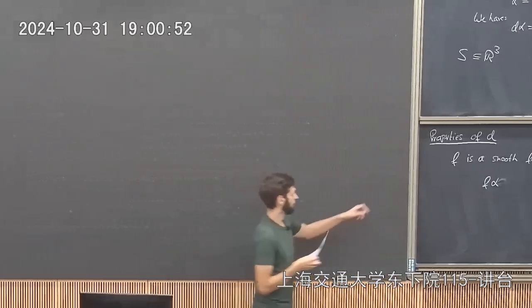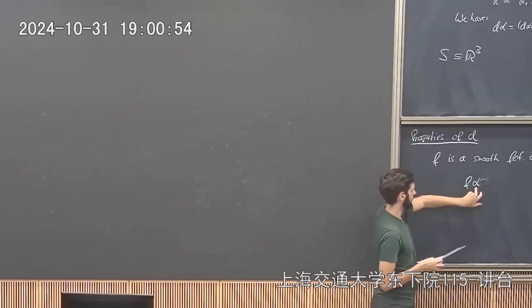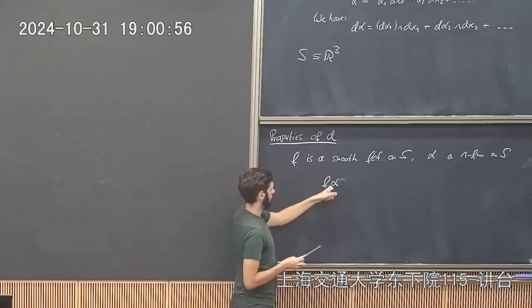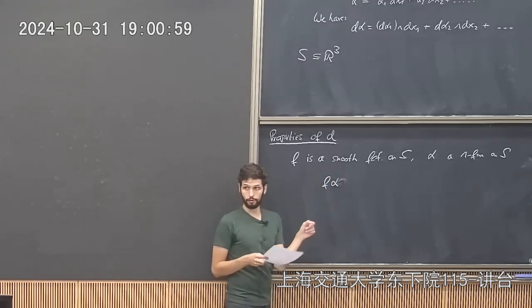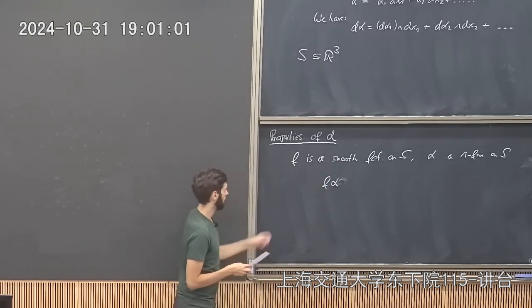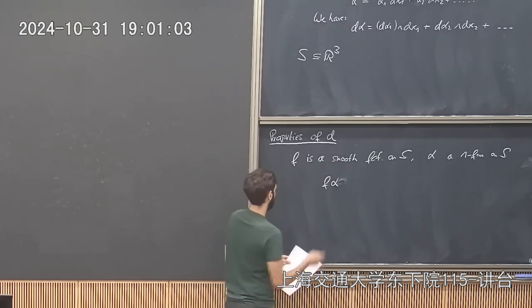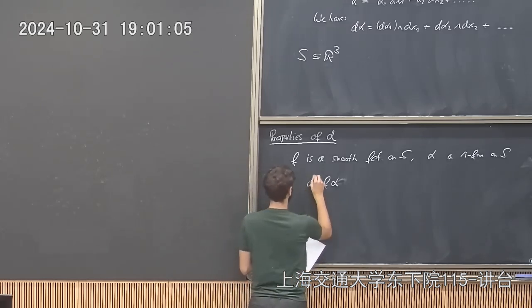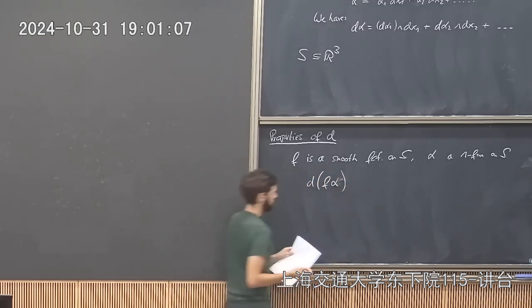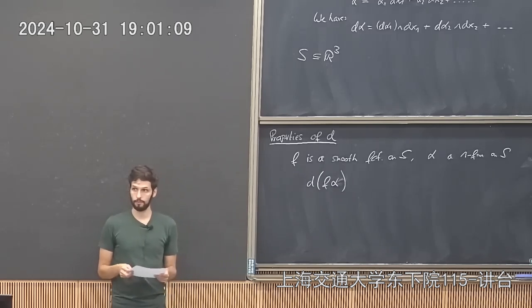If I plug in a vector, I plug it into alpha and get a number, and then I multiply it by the evaluation of the function at that point. So that one is a one-form, and we can take d of that one-form to get a two-form.